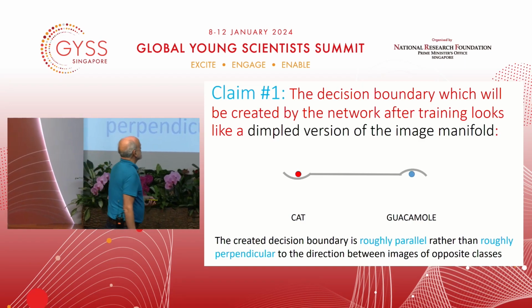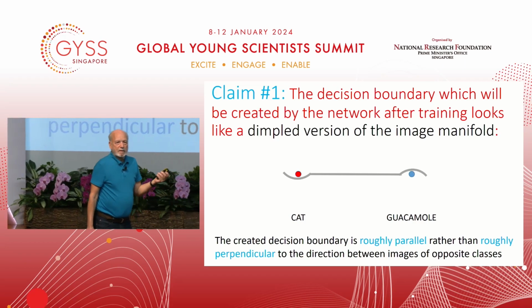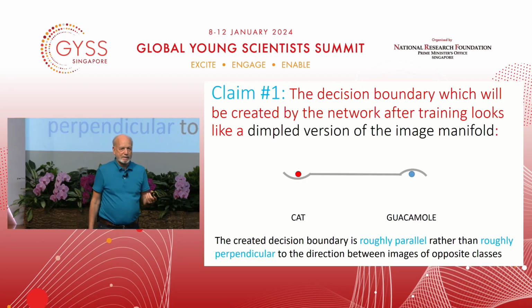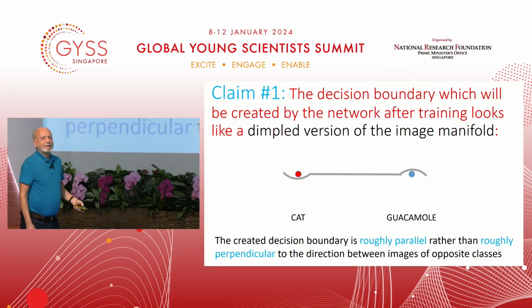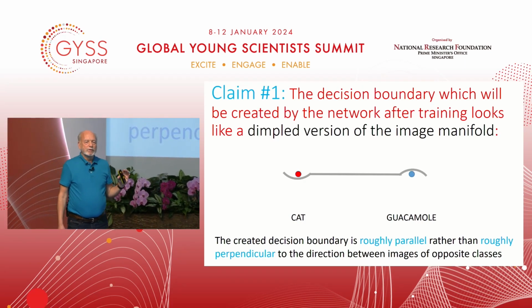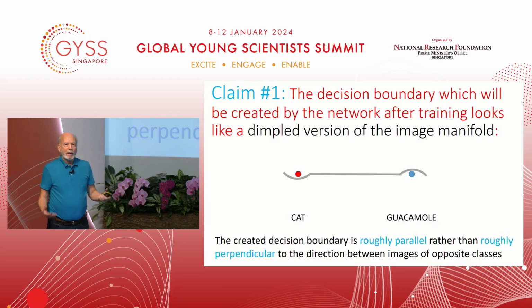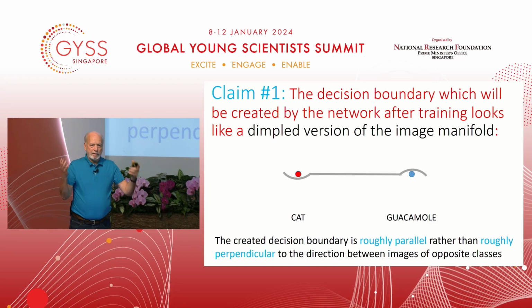And notice that it uses directions, it uses dimensions which are unimportant in reality in order to distinguish between cats and guacamoles. Instead, it is using them in order to make its life easier, and I'll explain in a moment why. It is using the additional available dimensions, and there are a huge number of them because I compressed my image by a factor of, say, 42.